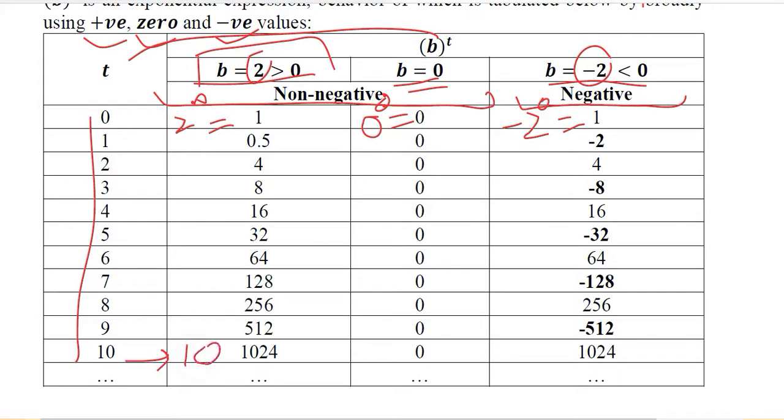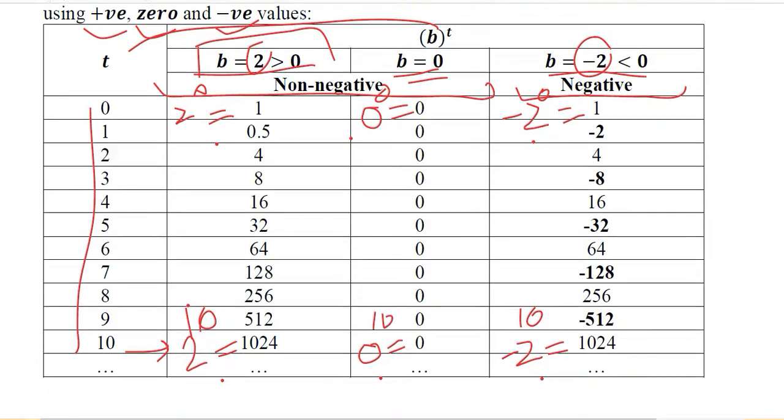Then for t equal to 10, this is 2 raised to the power 10. When we calculate 2 raised to the power 10, we expect this would be the answer. Here 0 raised to the power 10, and here -2 raised to the power 10. So these will be the answers. I have highlighted a few of them, 6 of them, 3 here and then 3 here. You can solve the remaining.